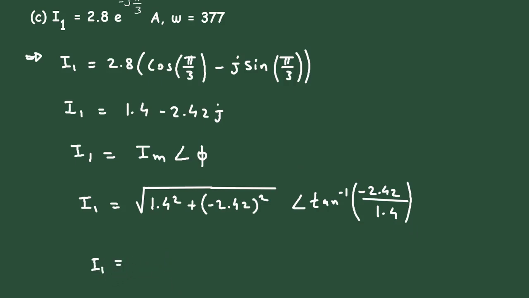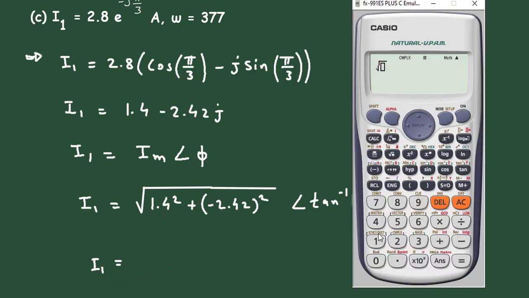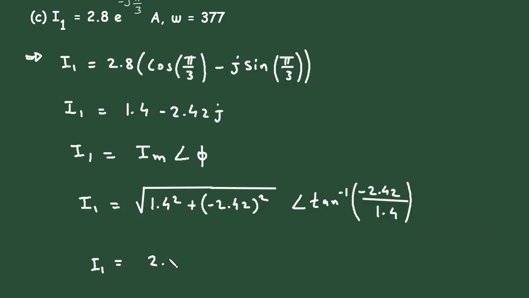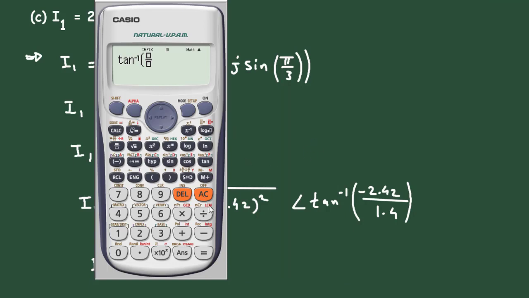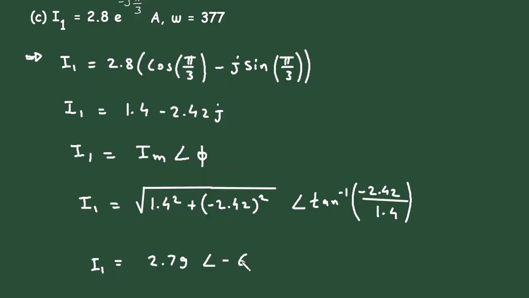So it is 2.79 at an angle tan inverse of minus 2.42 divided by 1.4, which is minus 59.95, that is equal to minus 60 degree.